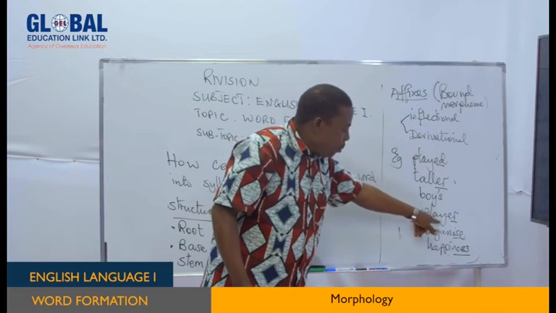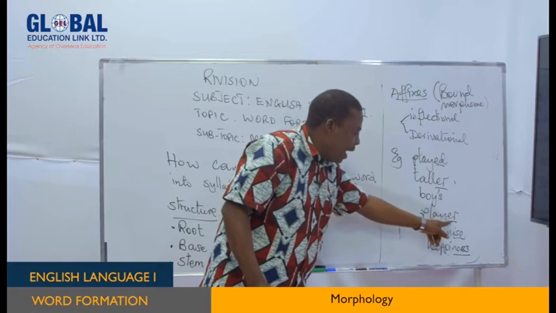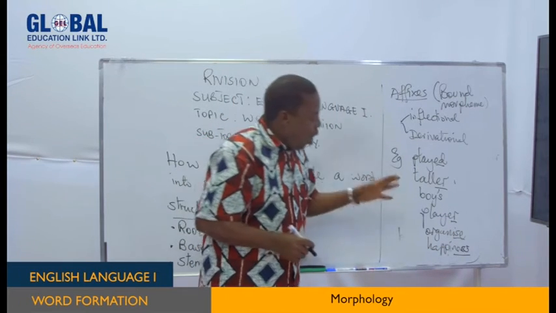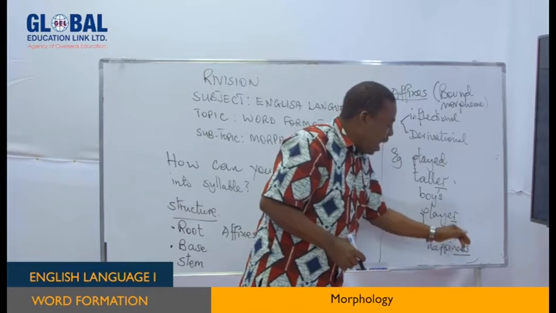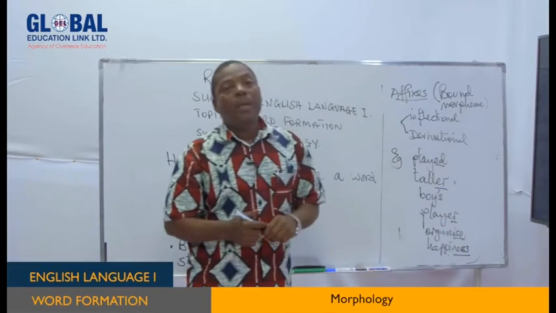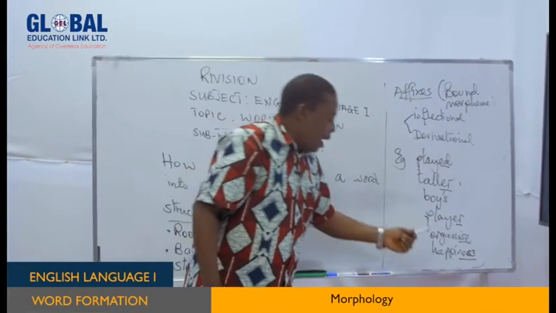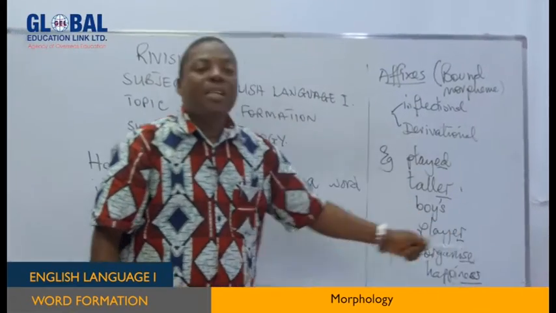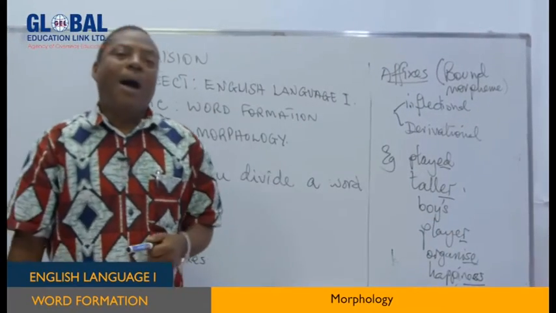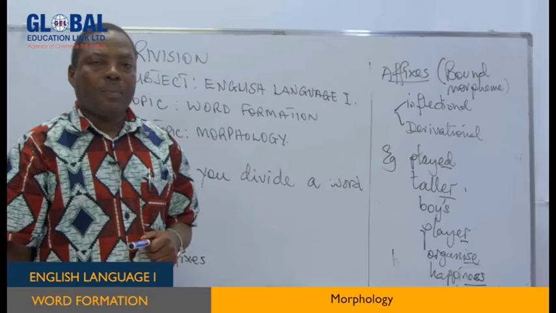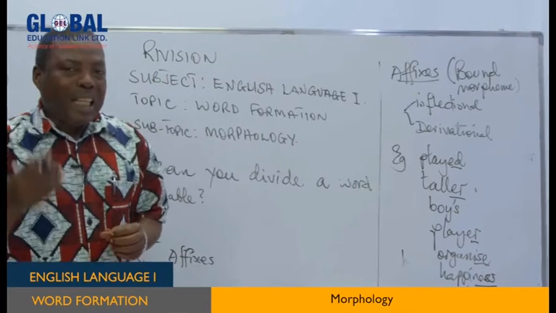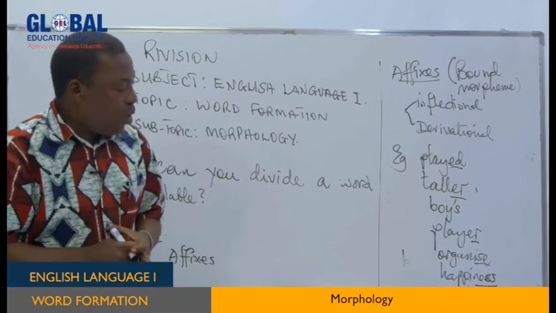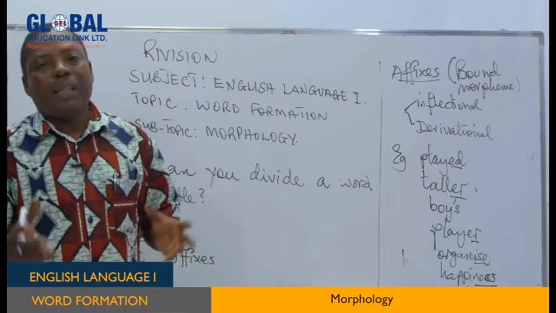When you have the word play as a verb, attaching the er makes it a noun. Organ is a noun, attaching the ise changes it to become a verb. Happy is an adjective, attaching ness changes it to become a noun. So with such attachment, a word changes from one word class to another.